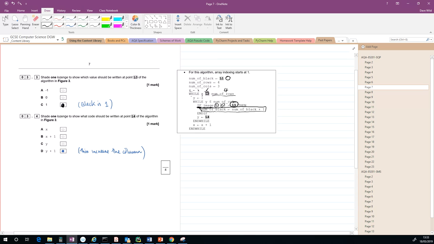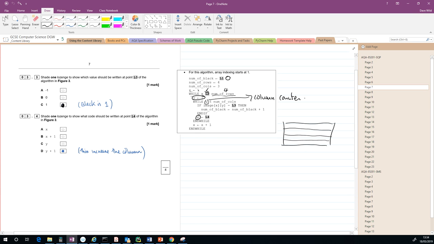Finally, shade 1 lozenge to show what code we should have in L4. So what does L4 do? L4 is represented as the value of this variable called y starting at 1, and y is less than or equal to the number of columns. So this is basically the column counter. What we are doing when we're going through this is going through with the row starting at 1, and when we've gone through the whole of one row, we're going to increase the column.